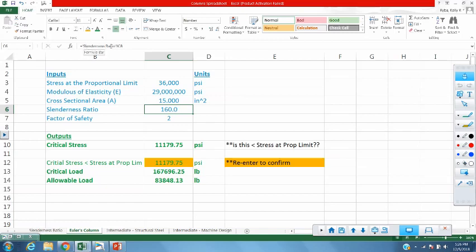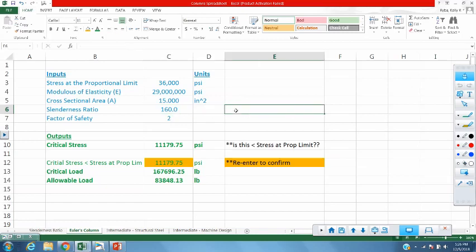Then it has slenderness ratio, which is the name of the tab or the sheet that this is from. Then it's another apostrophe, and then an exclamation point, and then the cell designation.